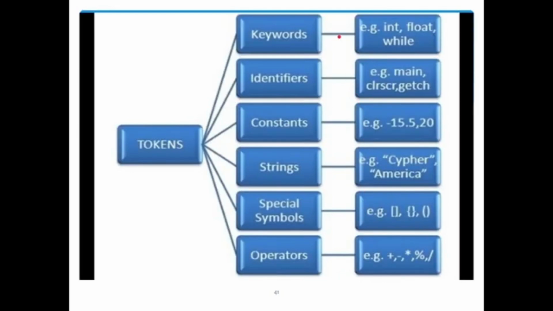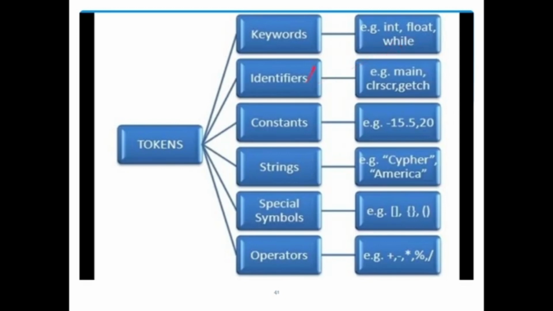And tokens. What are C tokens? There are different tokens: keywords, identifiers, constants, strings, special symbols, operators. Let us learn it. Keywords are int, float, while, etc., the keywords which we use.